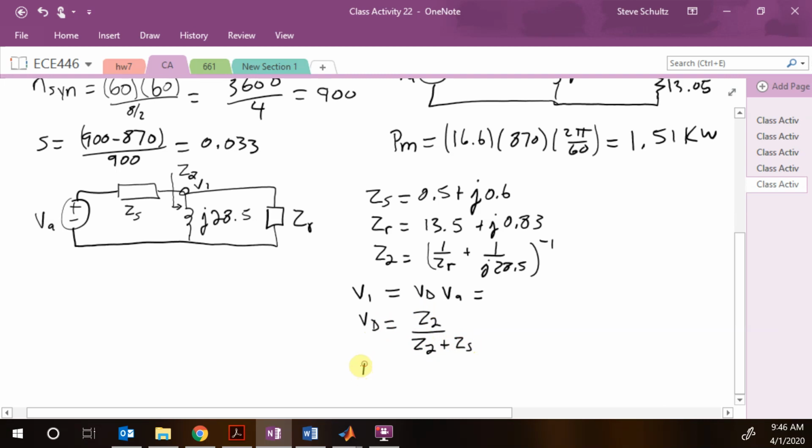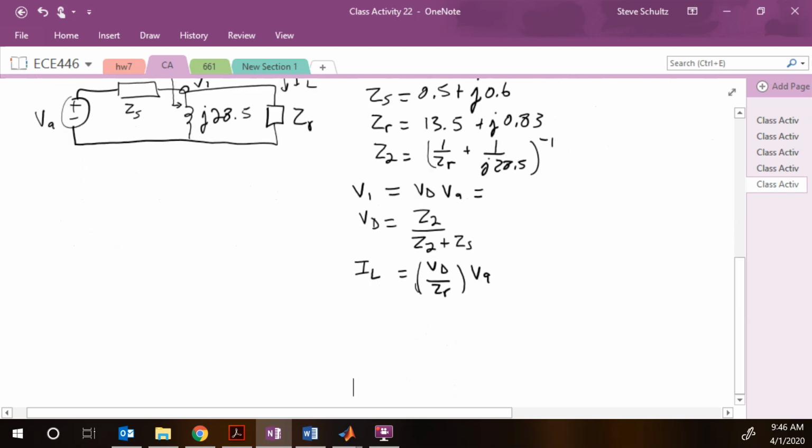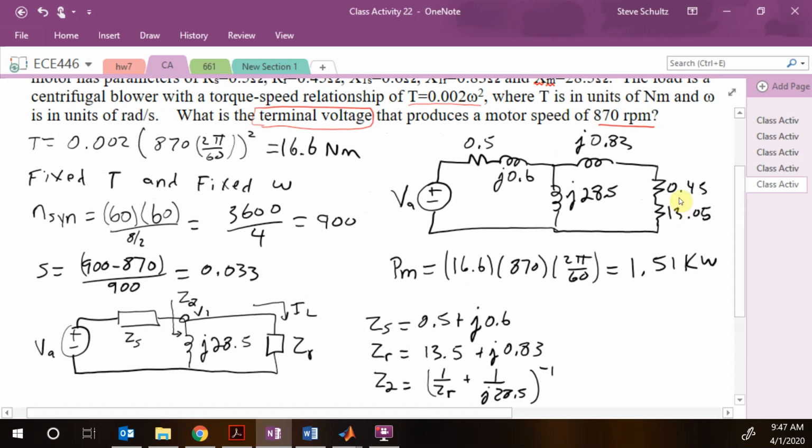Okay, and then our IL is going to be equal to our voltage divider divided by our ZR times our VA. And then our power is going to be 3 because of our 3 phases times IL magnitude squared times our 13.05 right here.